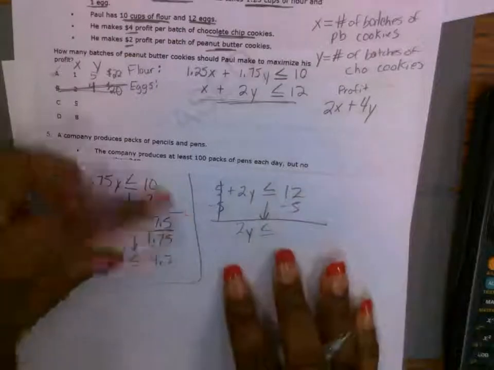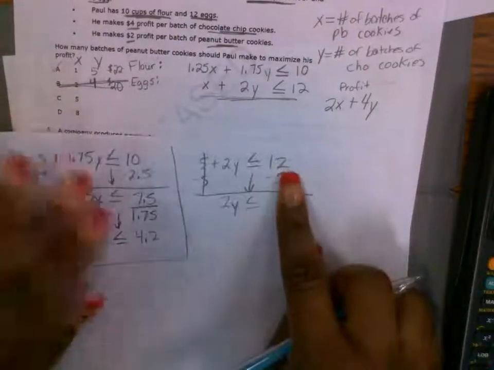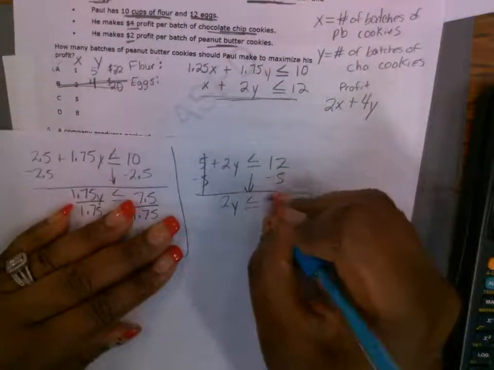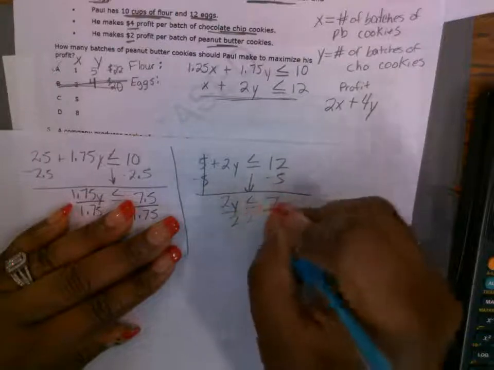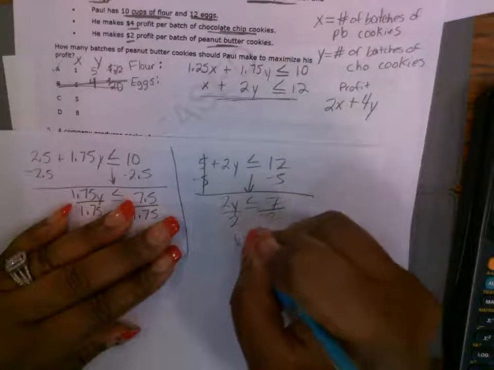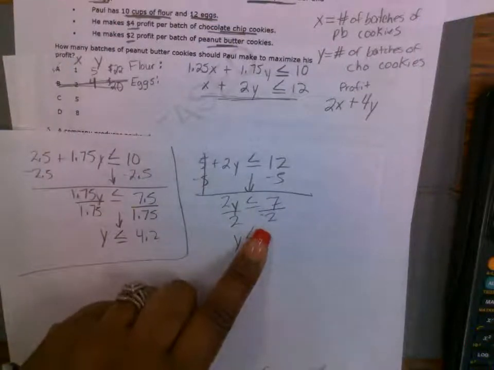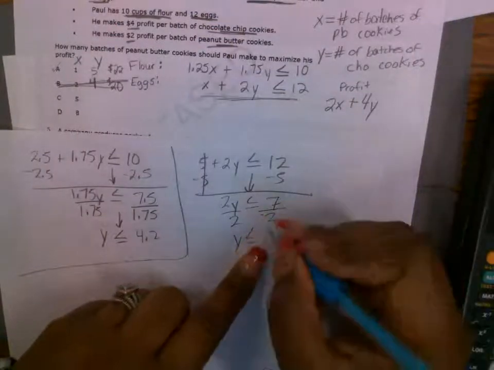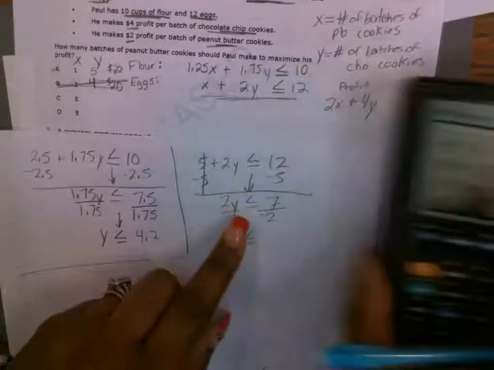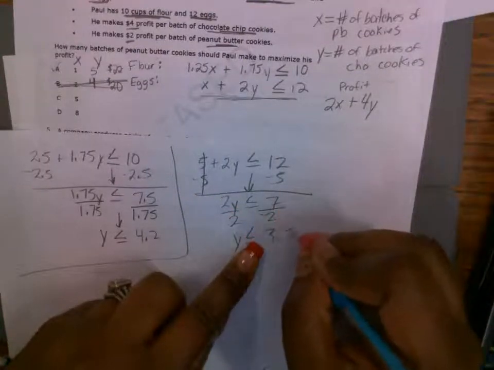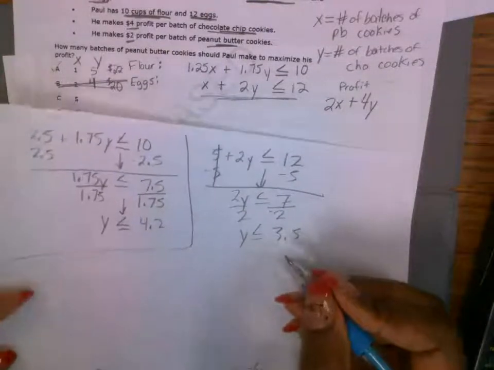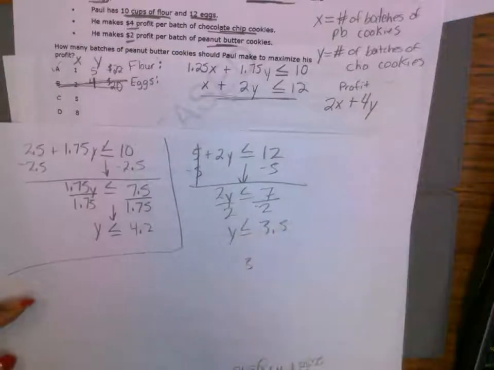All right, so we got 7 here. I'm going to divide both sides by 2. So this is going to give me half, which is what, 3.5? Yep. So it's got to be 3. Okay, so about 3, can't have part of it.